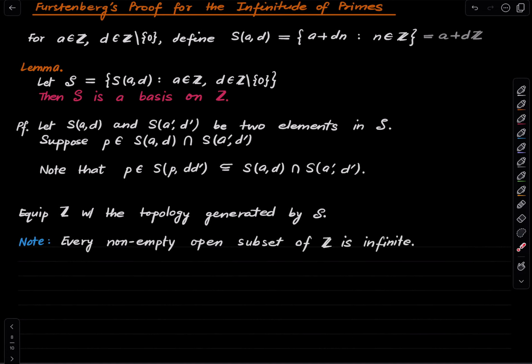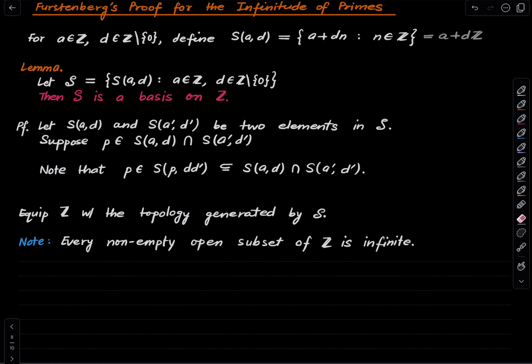So why is that? What are the open sets? If you have a basis, the topology generated by this basis can be described very simply. The open sets are precisely those sets which can be written as the union of some of the basis elements. Now, since every basis element is infinite, every non-empty open set has to be infinite because it is the union of some of the basis elements, and every basis element is infinite. So this observation clearly holds.